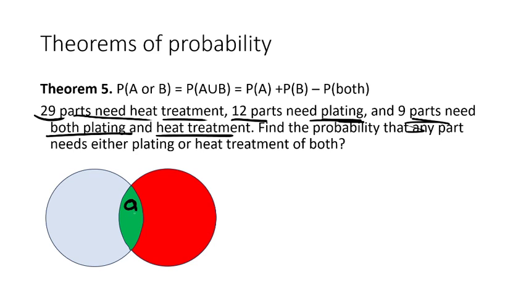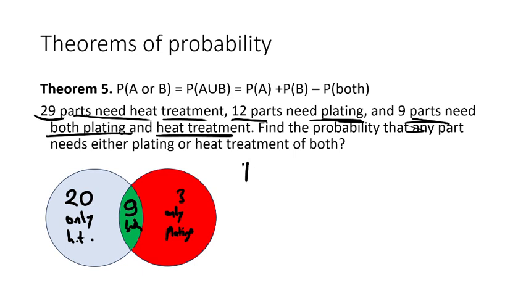So 20 need only heat treatment, 9 need both, so 9 plus 20, 29, need heat treatment. And then 3 need only plating, since 12 need plating including the 9 that need both.